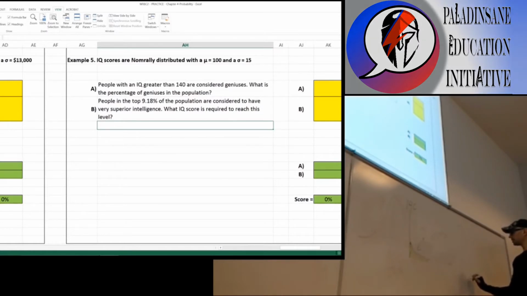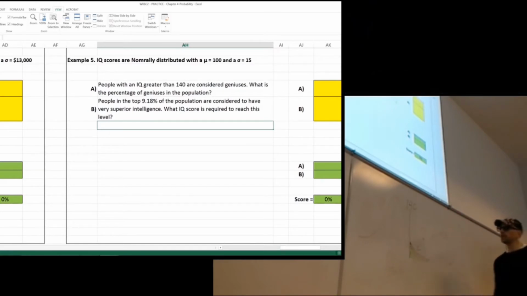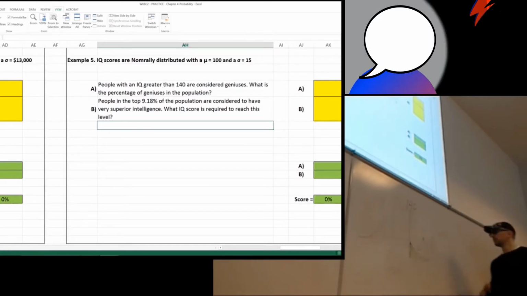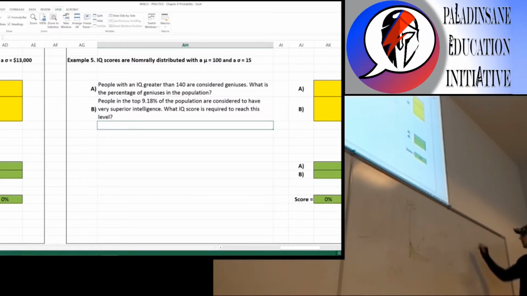Z-scores that have a mean of 0 and a standard deviation equal to 1. So we need to transform this into z-scores, and then figure out what that percentage is. When we transform the mean and the standard deviation into z-scores, it's going to be a mean of 0 and a standard deviation of 1. That's what a z-score is. So we don't have to do any math on that.